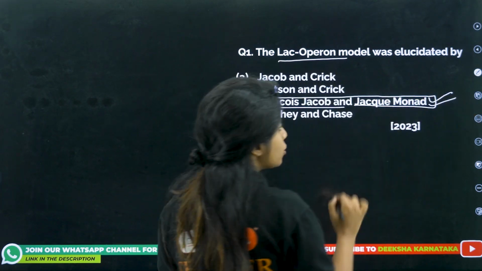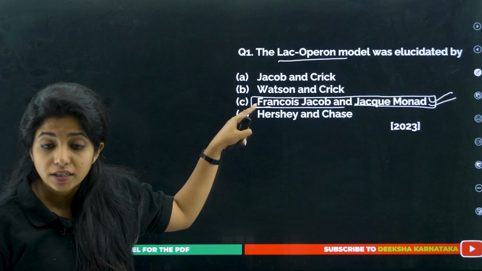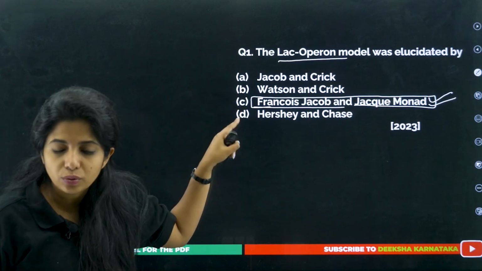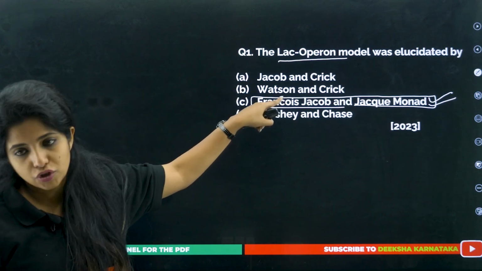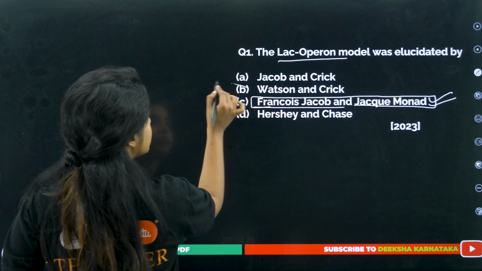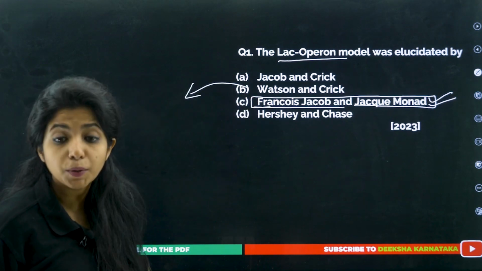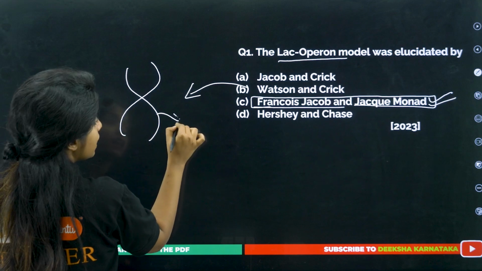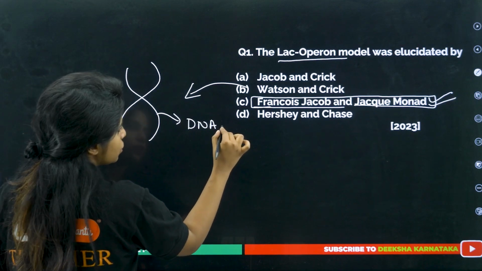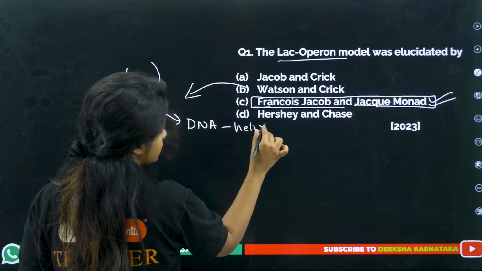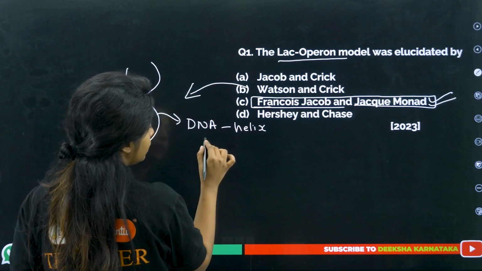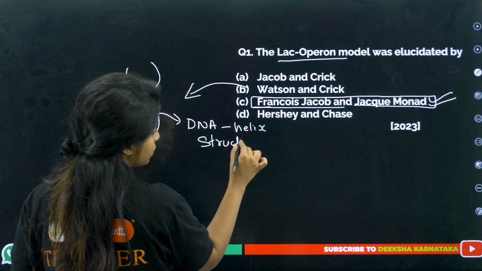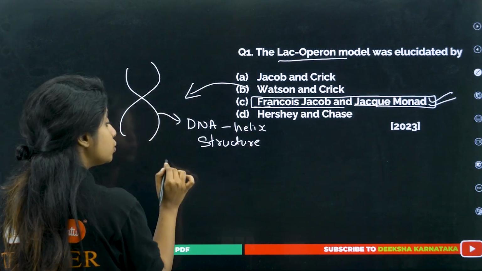But as a teacher, I should also tell you the names of the other scientists, what they actually did, and why I chose this answer. Watson and Crick were the people who said that DNA has a double helical structure. They also said one more thing.